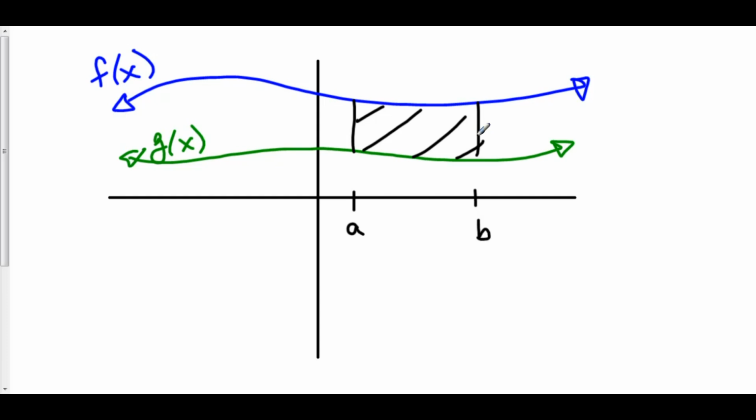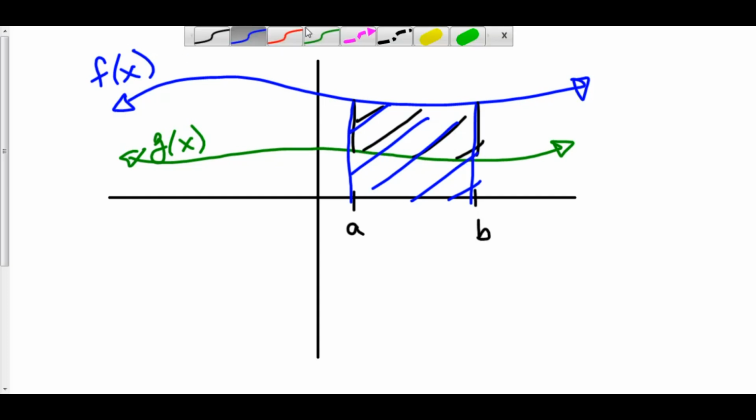Well, it's very easy. First of all, if we found the area underneath f of x, or the integral of f of x from a to b, we would be finding this entire area in here, all of this blue stuff. But we don't want everything from the x-axis to g of x.